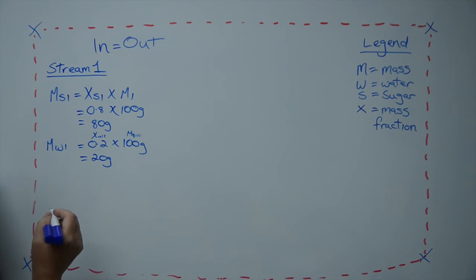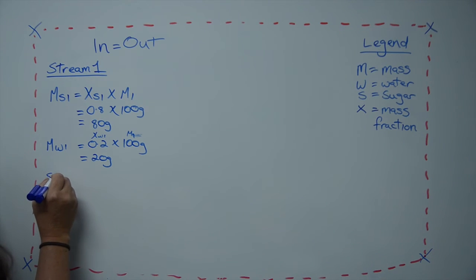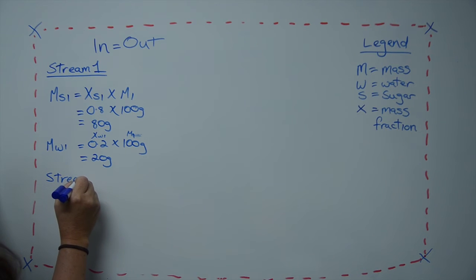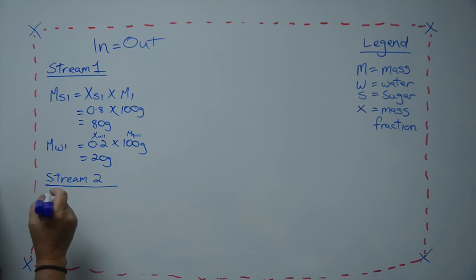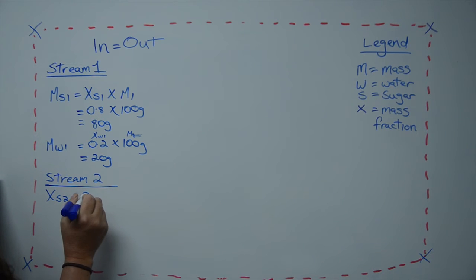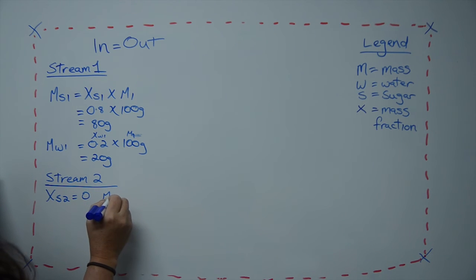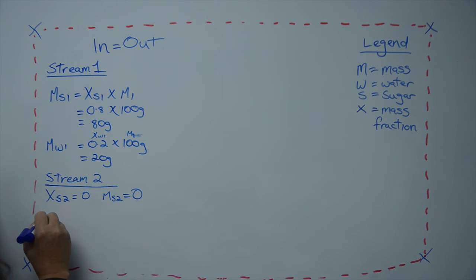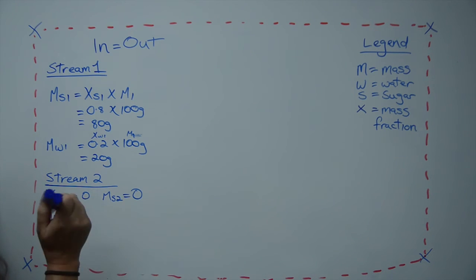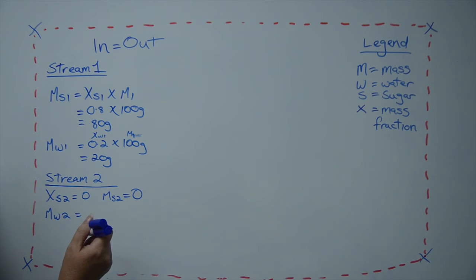Alrighty, let's move to stream 2 now. Okay, in stream 2 we already know that XS2 is equal to 0, which means MS2 is equal to 0. So let's go on to MW2. MW2 is going to be equal to, now this was something in our problem definition that said that the evaporator is capable of taking 85% of the water out of the in-stream.